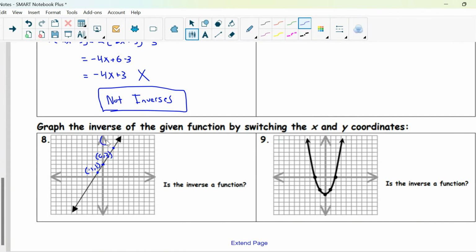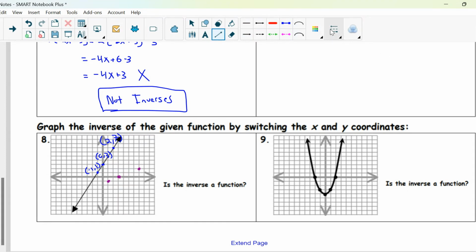And up here, I would have 2 and 7. So to draw my inverse, all I'm going to do is switch my coordinates. So if I have negative 1, 1, now I'm going to have 1 and negative 1. And if I have 0 and 3, now I'm going to have 3 and 0. And 2 and 7 turns into 7 and 2. And now I'm just going to graph my line.